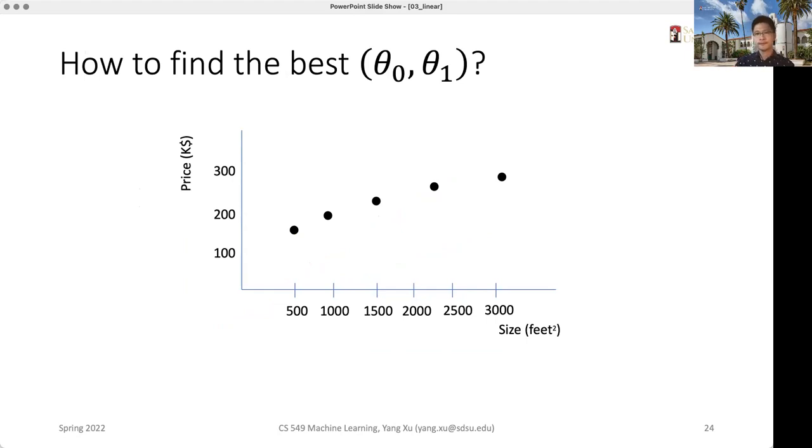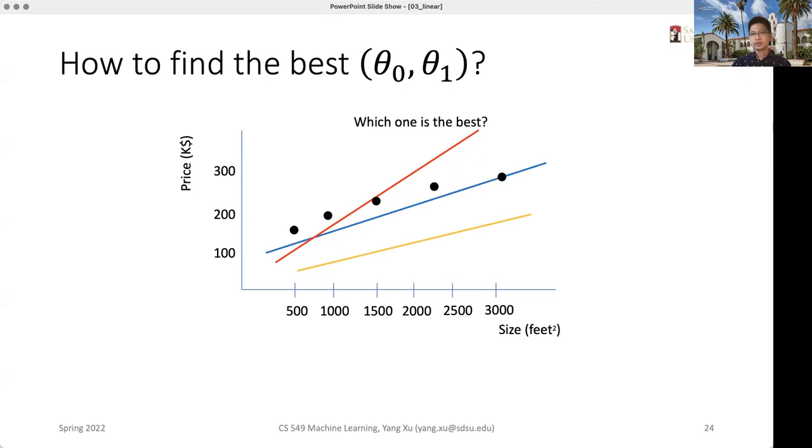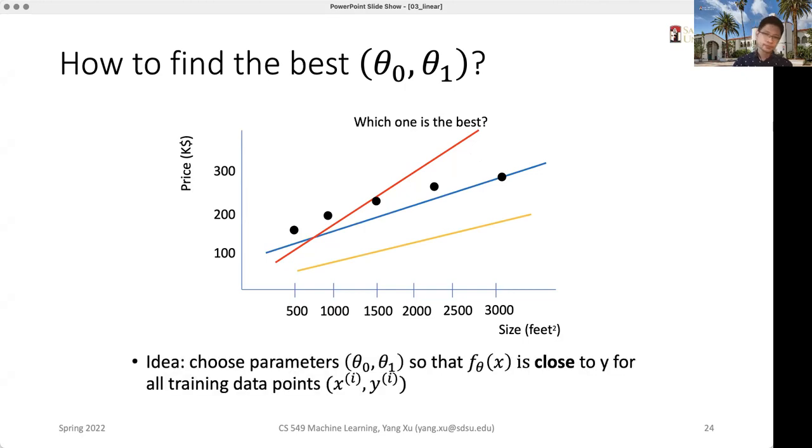We can arbitrarily draw a linear line in red, and it seems to fit the data to some degree, but it is not a good fit because on the two ends the data points deviate from the line. Among these three cases, the blue one seems the best because the blue line is the closest to the black data points.